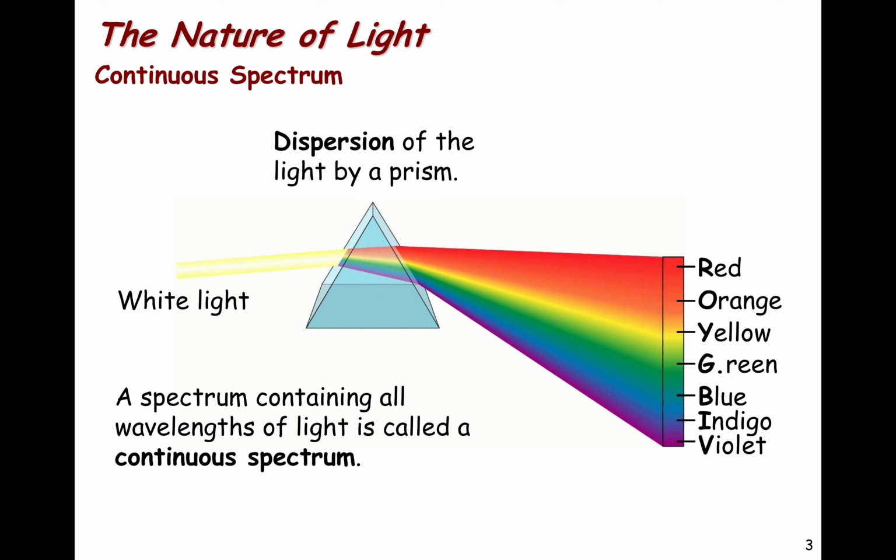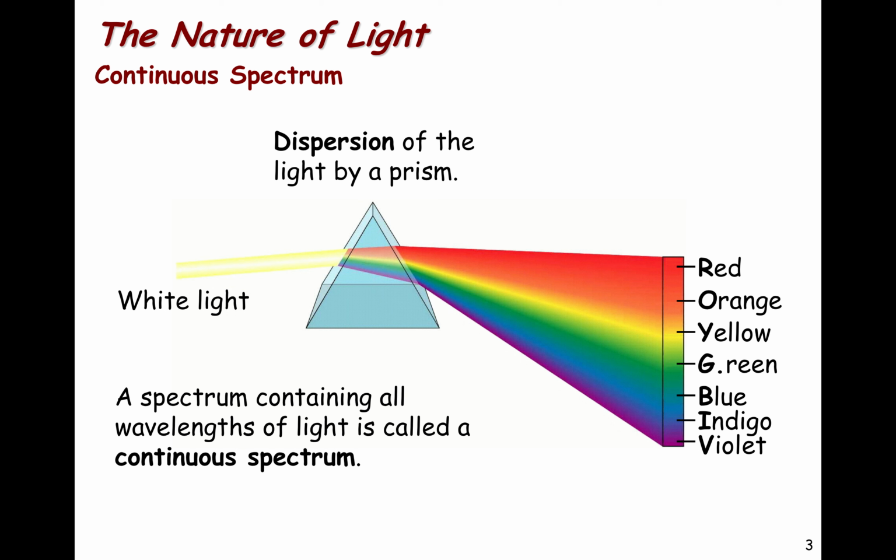He explained this based upon the fact that the different colors were traveling through the prism at different speeds, and so we can take advantage of this property of light and gain information about how it interacts with matter by observing the electromagnetic spectrum associated with that light.